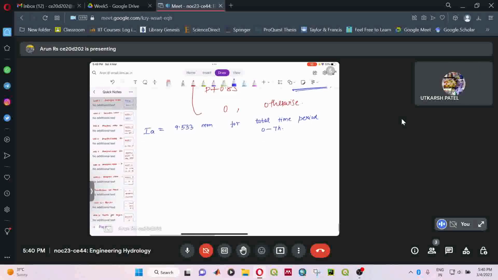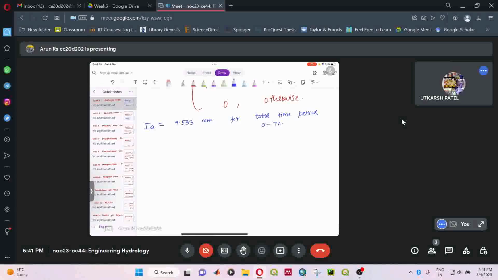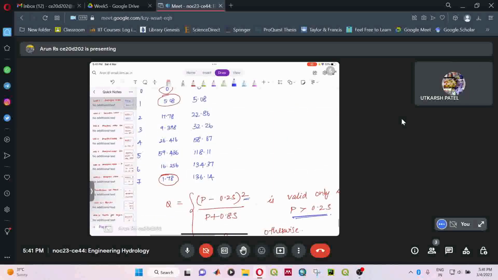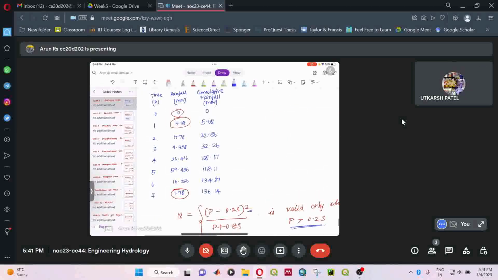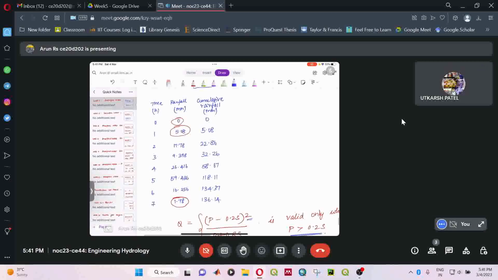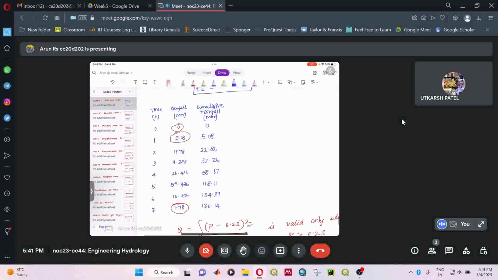For that, we can see the rainfall table. In the 0th hour, there will be nothing. So I'm going to include a new column here, that is cumulative abstraction.